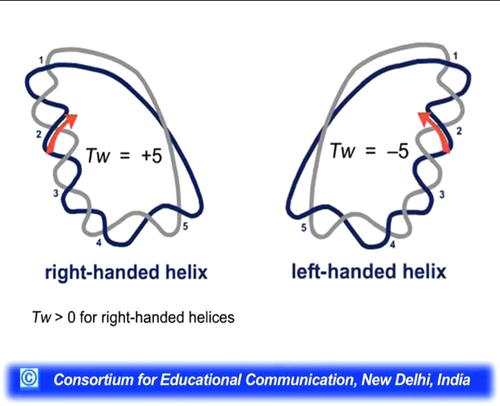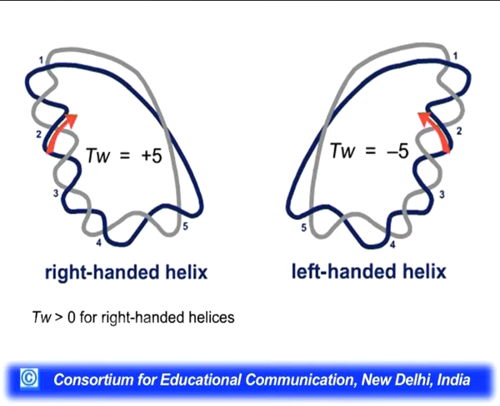If it is a left-handed helix, as occurs in some conditions, for example the Z-DNA we talked about, then by convention the twist number is given a negative sign. So the twist number in this particular case will be -5. How can you identify a left-handed helix? The strand in the front is moving up and towards the left side.